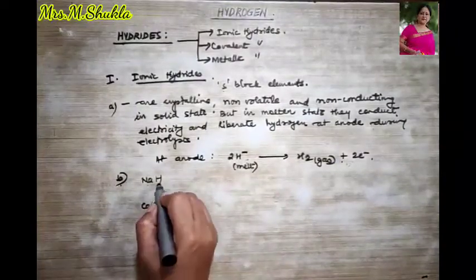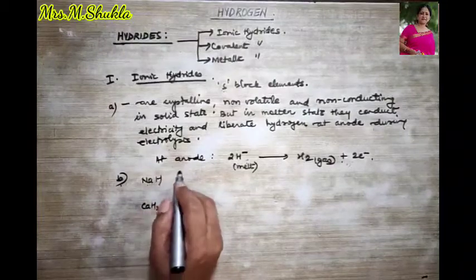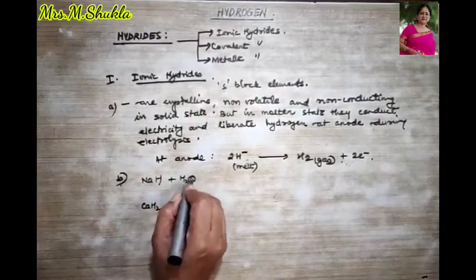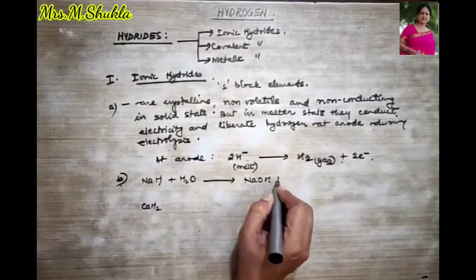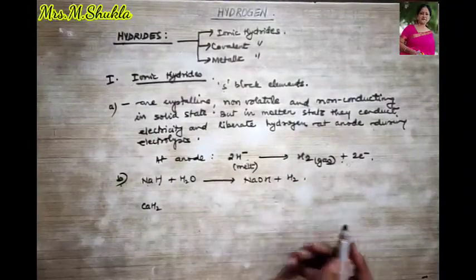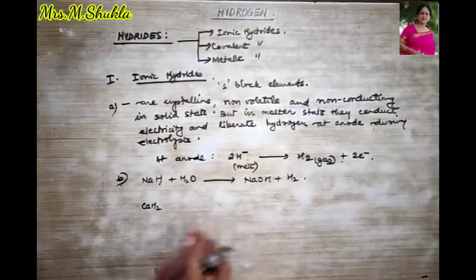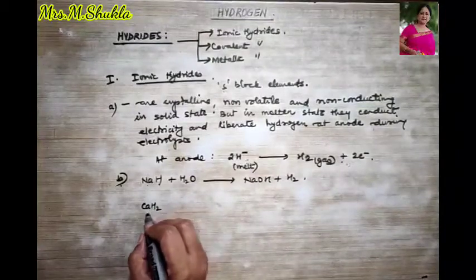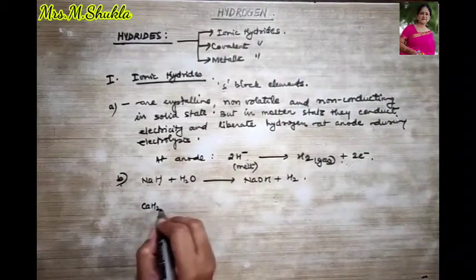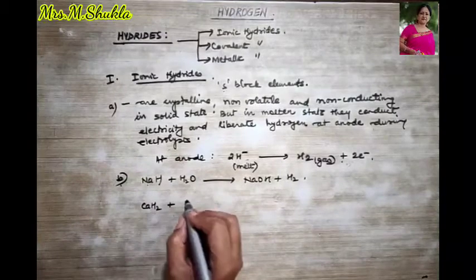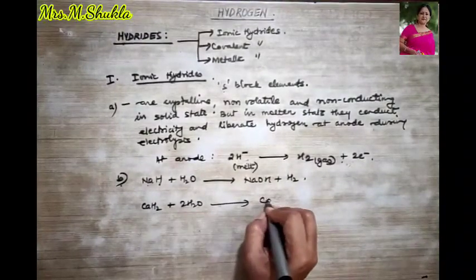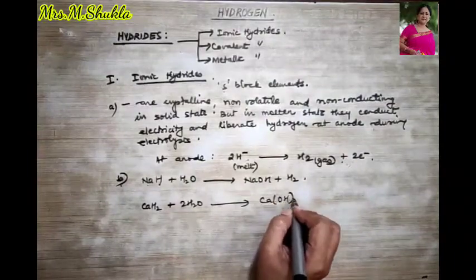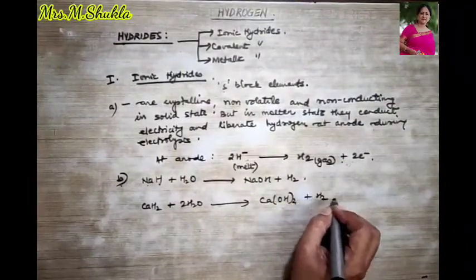So this is NaH, that is sodium hydride. When treated with water, it is going to give us NaOH, plus hydrogen gas is released. Then calcium hydride combines with water molecules and forms calcium hydroxide plus hydrogen gas.